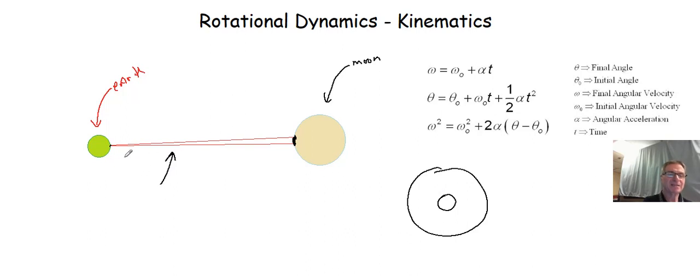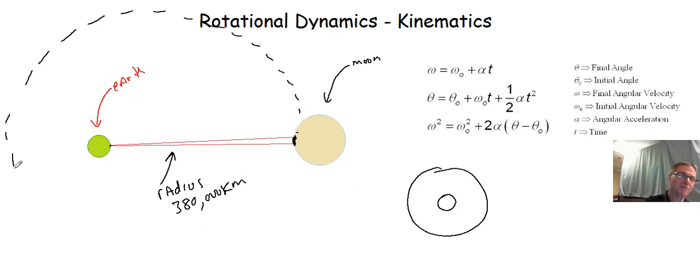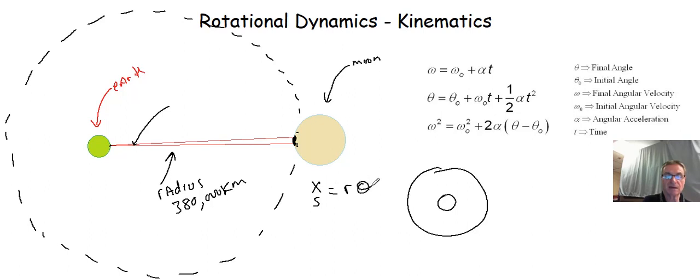If I treat the distance from the Earth to the Moon as a radius, and that radius is 380,000 kilometers, and I treat this as a circle, not a very good circle, but a circle nonetheless, then if I know the angle at which the beam diverges, I should be able to figure this out using the conversion formula s = r times theta.